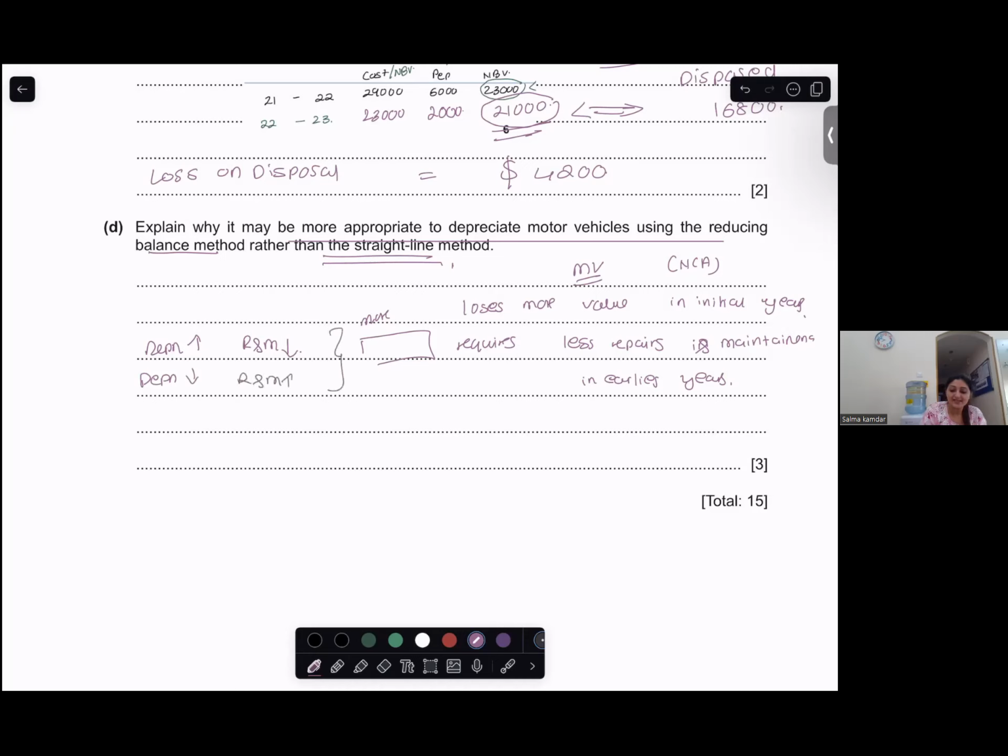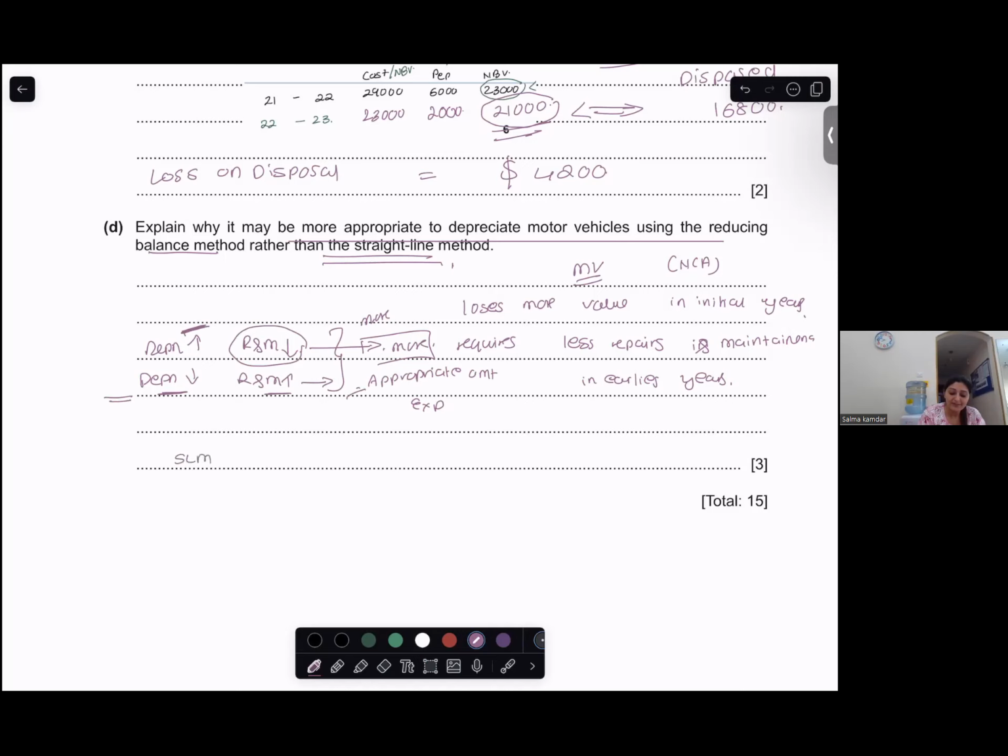So overall, there is an appropriate amount of expense you are charging.